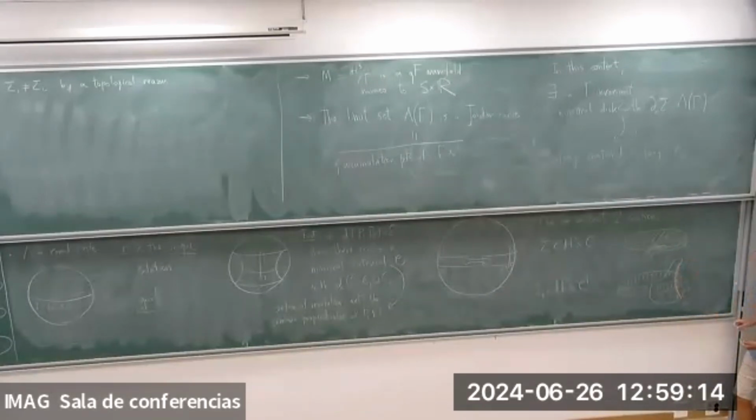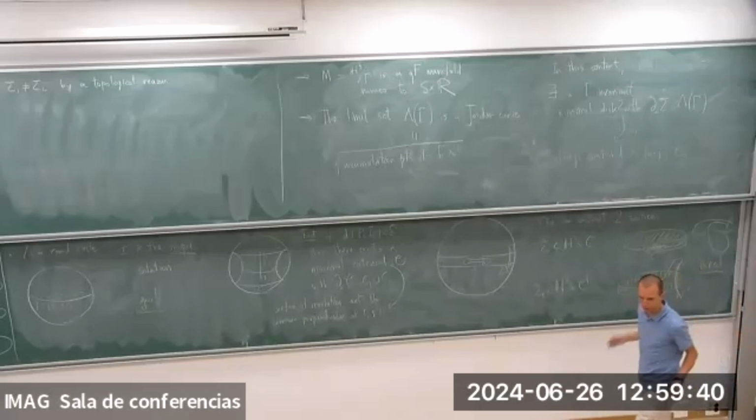Okay. So these two curves, I draw them here. One is like that, and the other one is like that. The important thing is that these two are linked in R3.